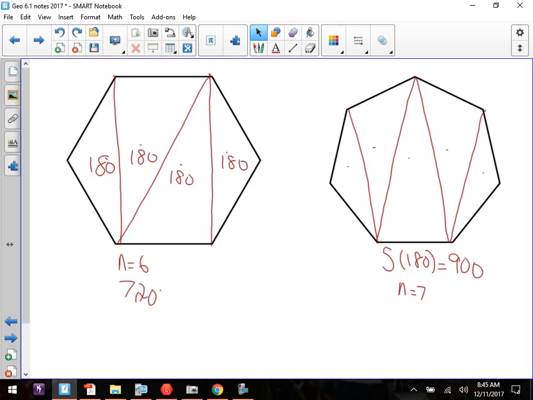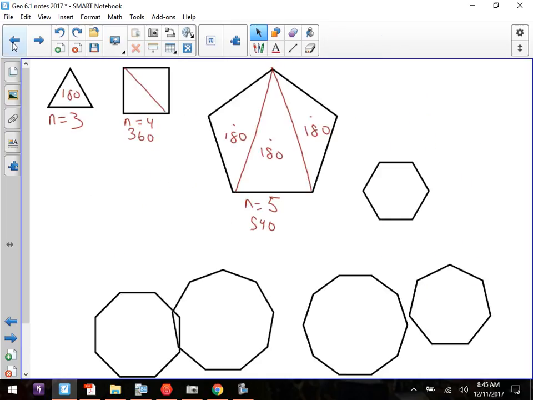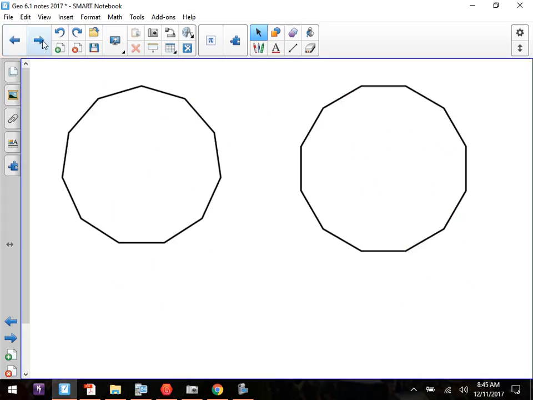Now, let's see if we can start figuring out what's happening. In a seven-sided figure, how many triangles did we have? 5. In a six-sided figure, how many triangles did we have? In a five-sided figure, how many did we have? In a four-sided, how many did we have? 2, and then in a three-sided, you had 1. So the relationship that's happening here, well, you go further.